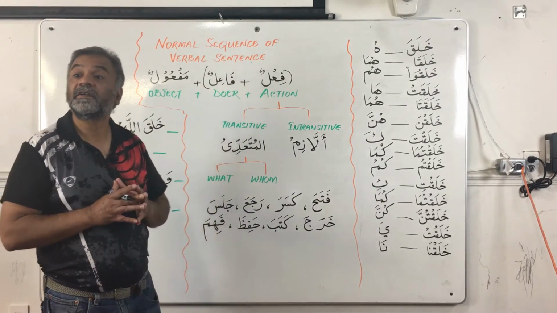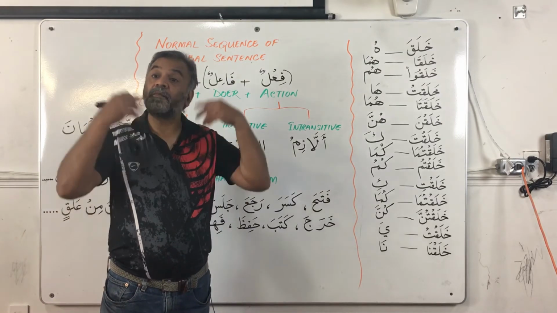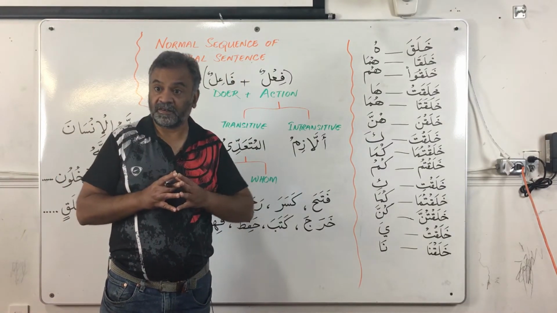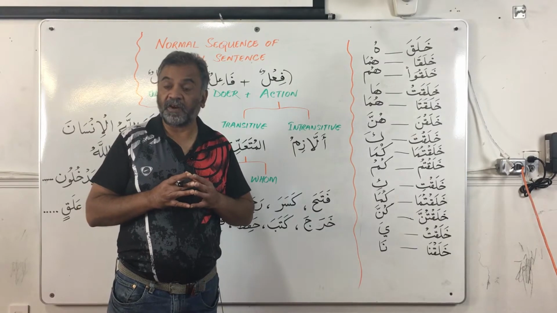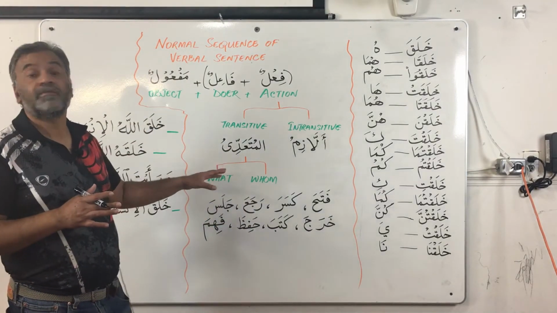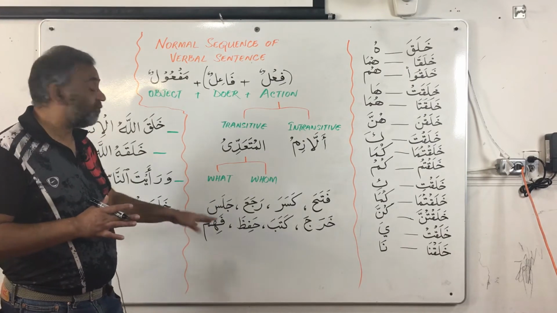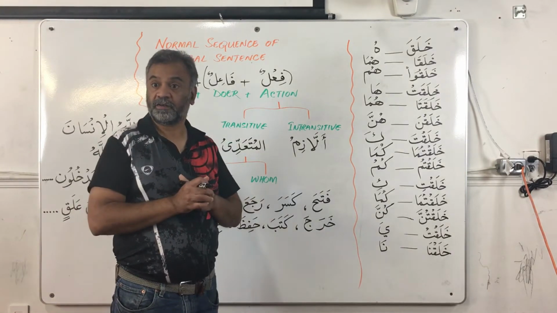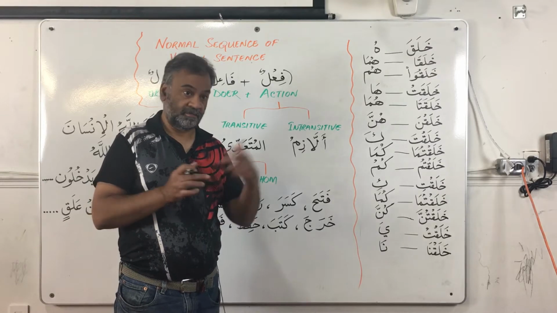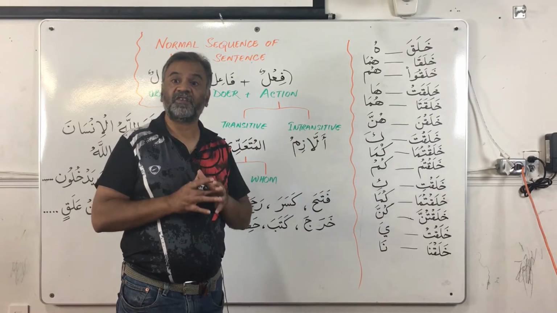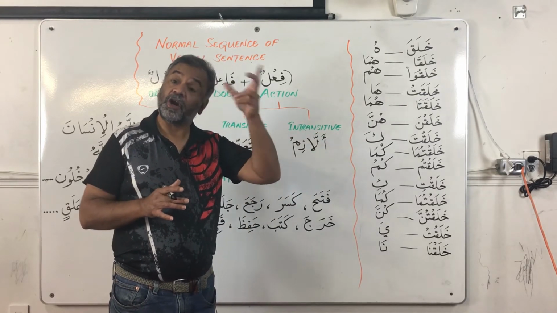Hafiza. He memorized. He memorized what? Transitive. It needs maf'ulun bihi, right? And fahima, he understood. He understood what? It's transitive. It needs maf'ulun bihi or object.